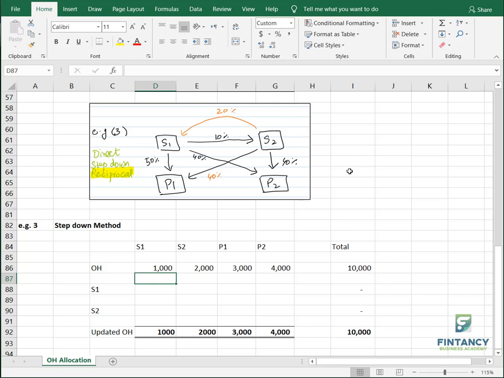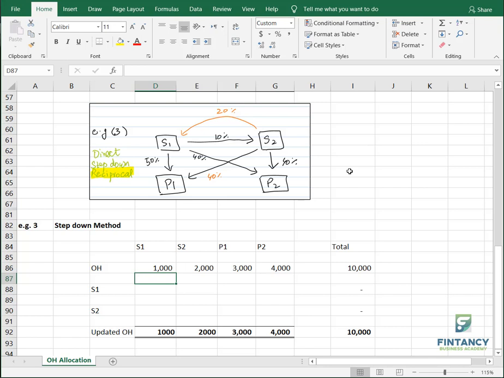So because of this reason, selection of the service department is very important. Now see, in exam, examiner will most probably tell you which service department to start with. If examiner is silent, which is very rare, you will see in MCQs also, examiner will always tell you which service department to start with in this type of situation.